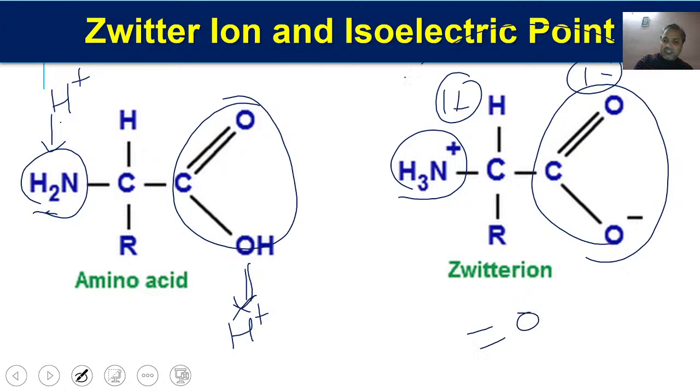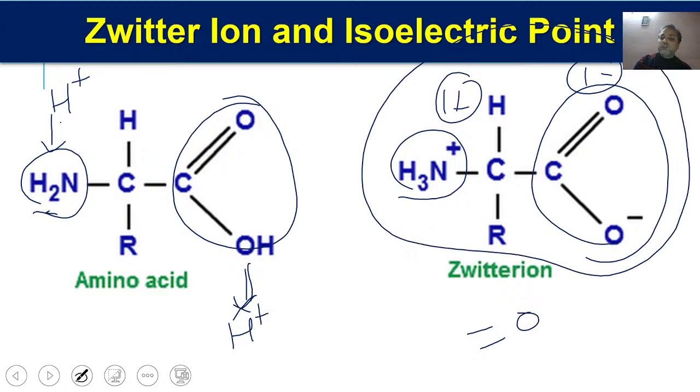This type of structure we call a Zwitterion. Zwitterions are ions where the compound has positive and negative charges together at the same moment, so that the compound is electrically neutral.